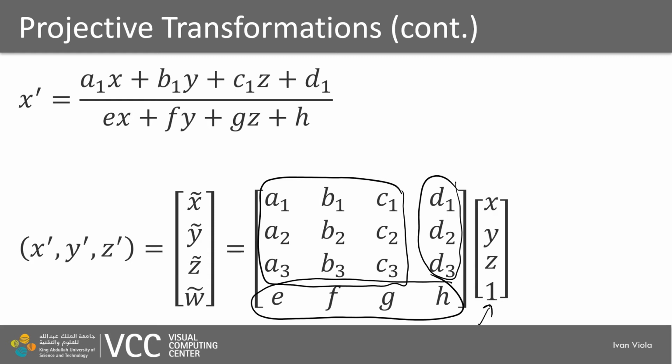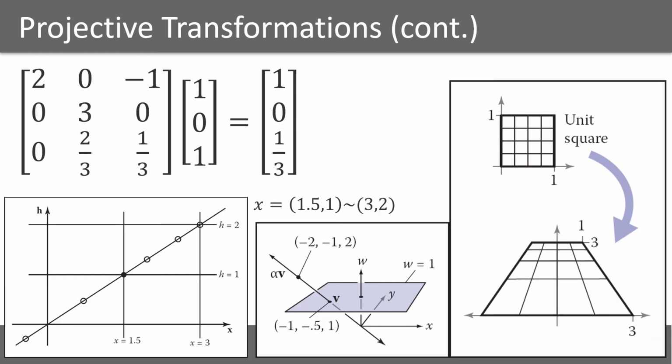Here, please note that we still have this homogeneous coordinate equal to 1 on the input, but on the output, it can be an arbitrary value w with which we can scale, so that the entire vector will be scaled and the w will have the value 1, meaning we have the division by this w value. So these are called the projective transformations.